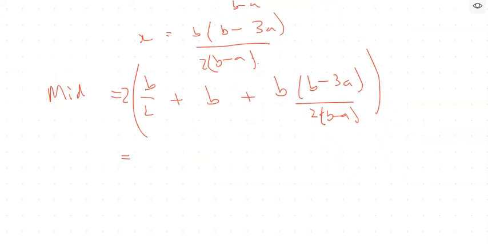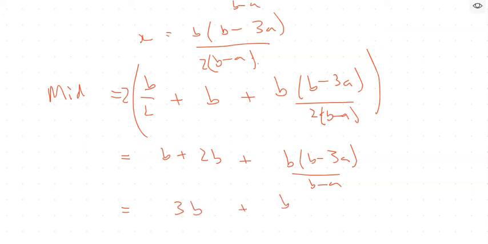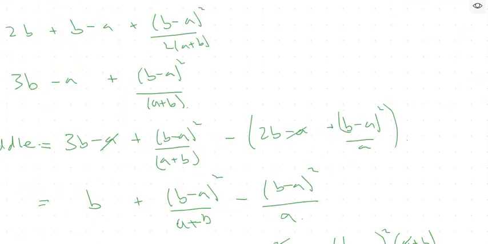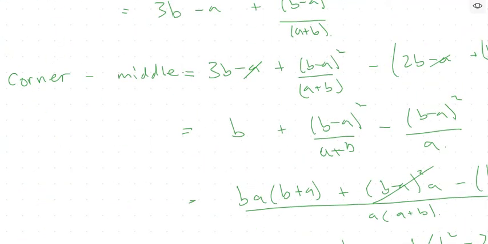So multiply that out, it gives b plus 2b equals 3b plus b minus a. Cool. The corner should be the same as the corner from before, because nothing has changed in the corner.